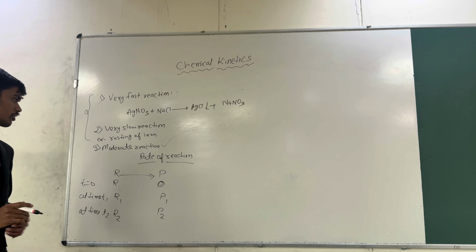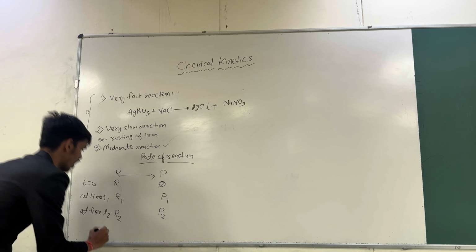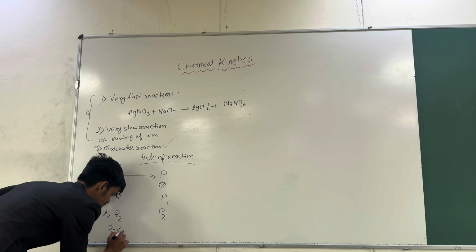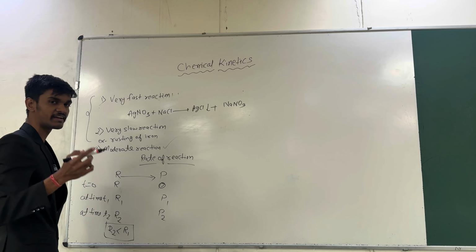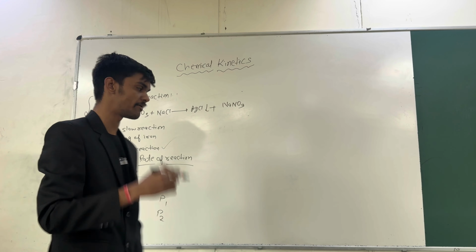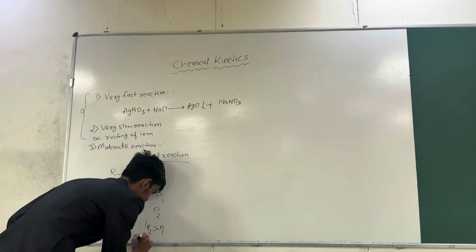As we know that the concentration of reactant will decrease with time, R2 is lesser than R1, and the concentration of product will increase with time, that's why P2 is greater than P1.